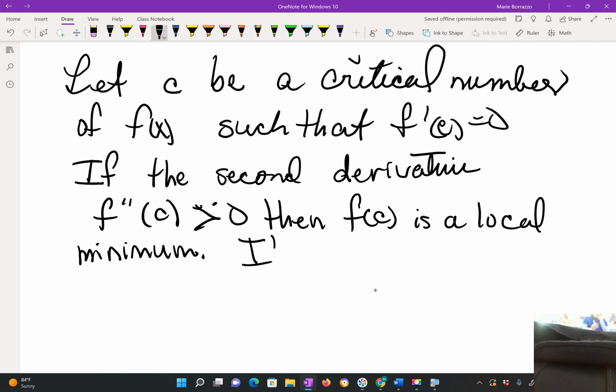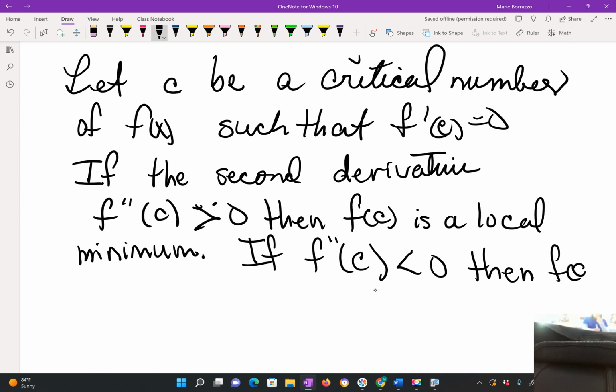If that second derivative of C is less than 0, then f of C is a local maximum.